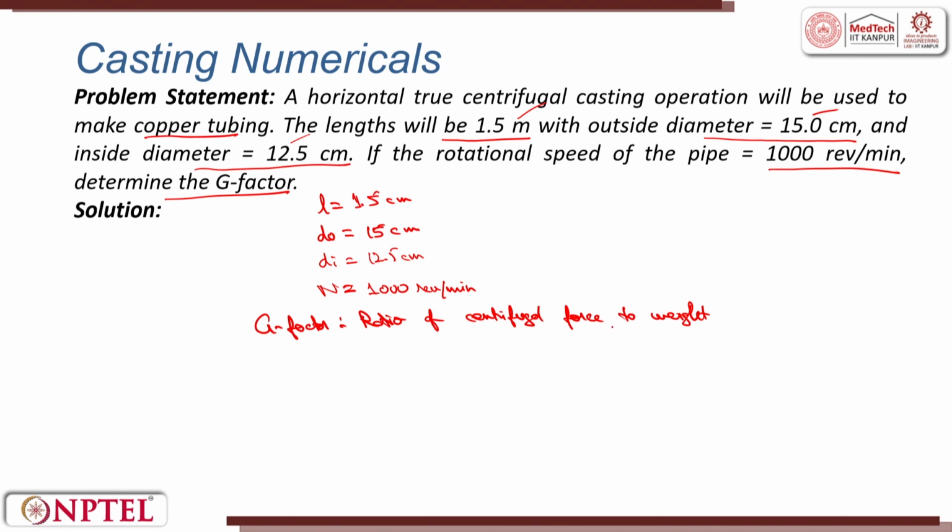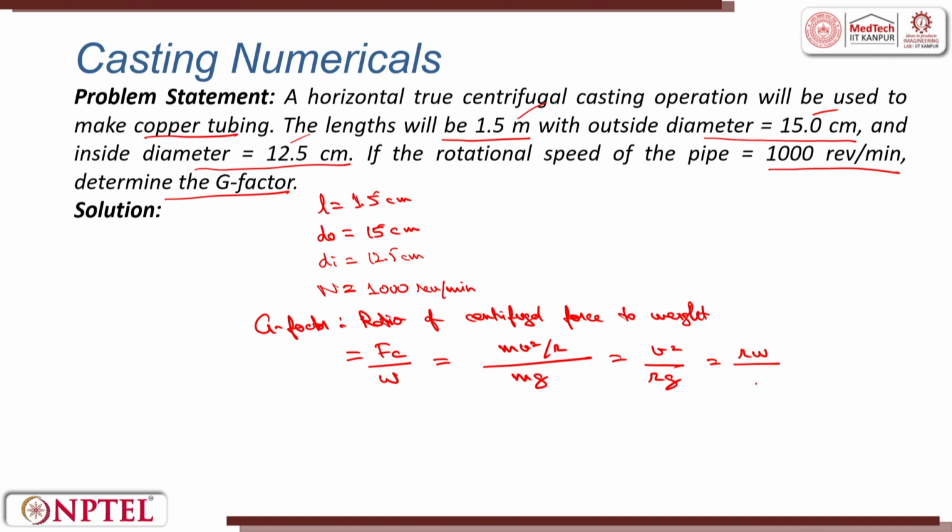I will put it as this is equal to Fc by W, that is weight. The centrifugal force here is m v square by r and weight is mg. This gives me v square by rg, or I can put the value of v as r omega.